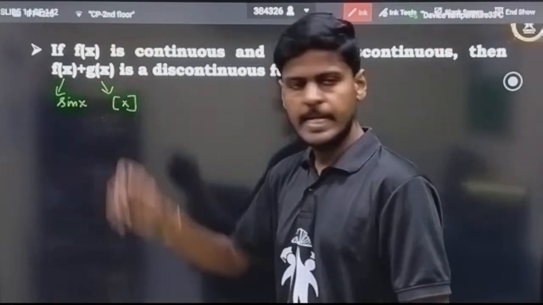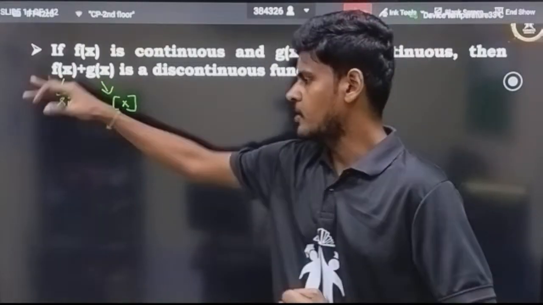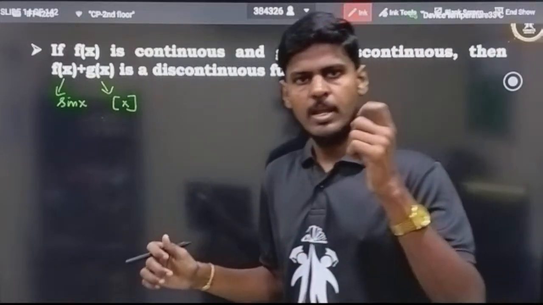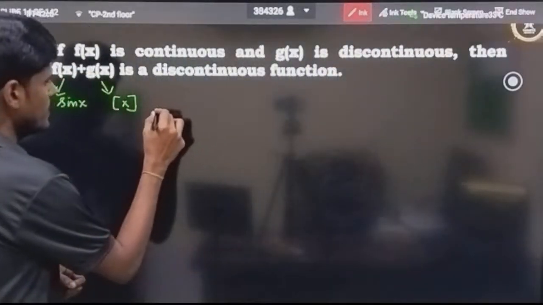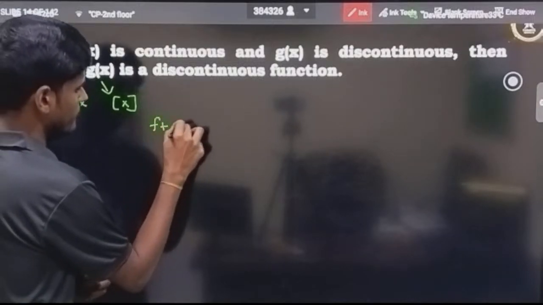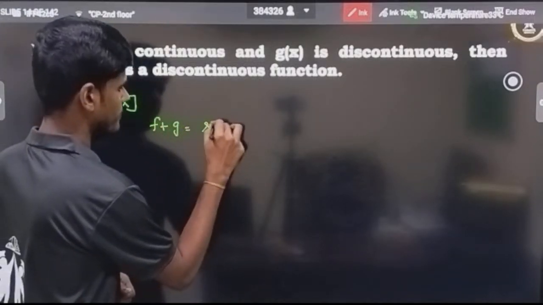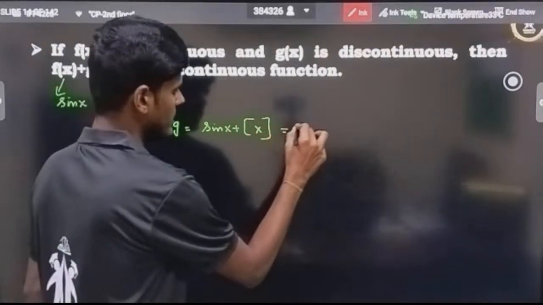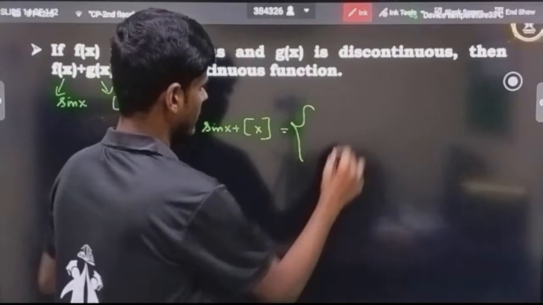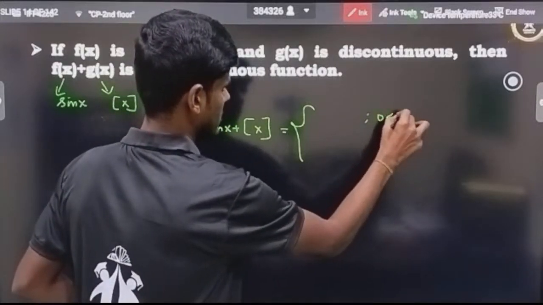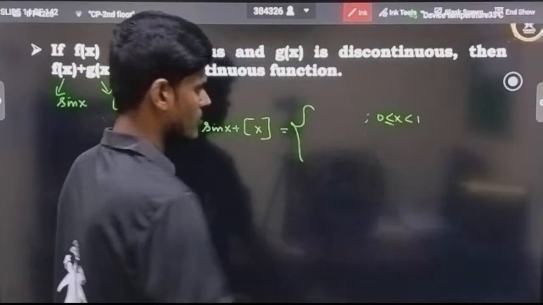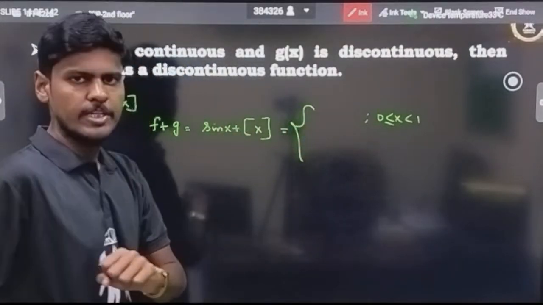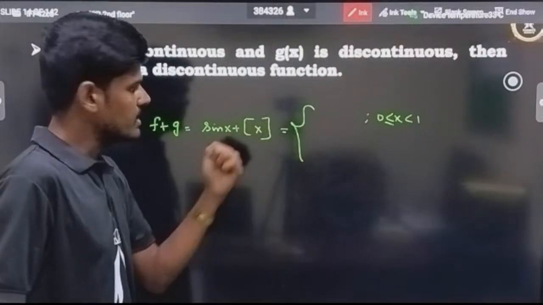Sin x is continuous on all real numbers, so we don't need to bother about this. What about box of x? We want to find f plus g, that is sin x plus box of x, and this function is defined, for x between 0 and 1, where box of x is 0.